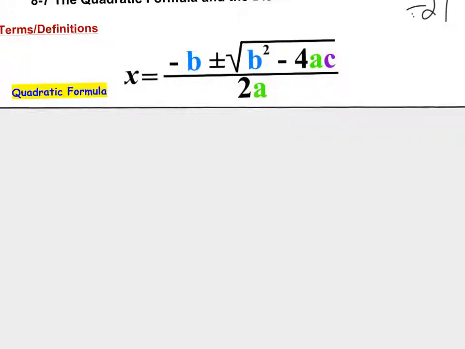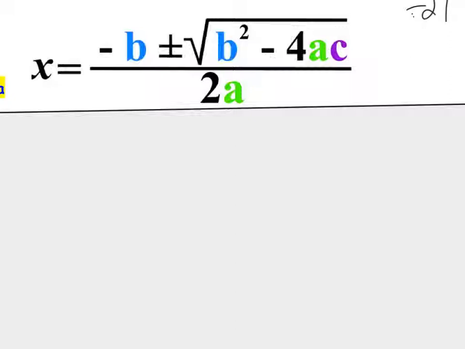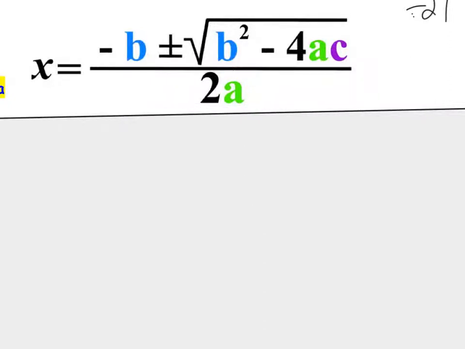Now, what problems might you anticipate running into when you are using a square root in an operation? After you do the b squared minus 4ac and you end up with a negative, you're trying to find the negative root.